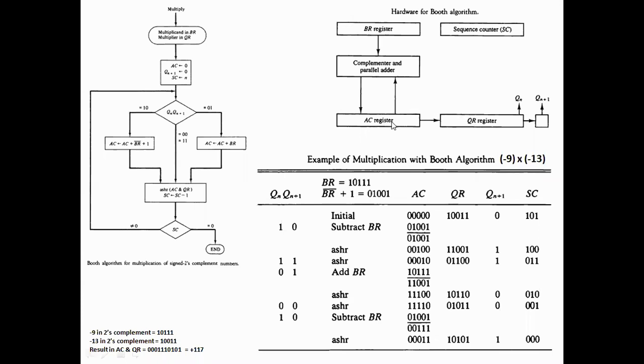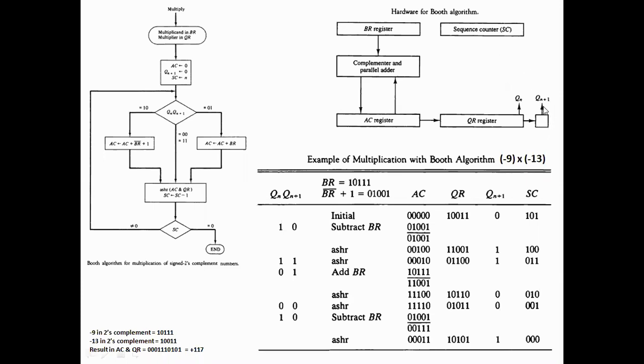And an additional register AC. And after multiplication, the result will be stored in both these registers. Since the result obviously will be a larger number, it will not fit in a single register. It will be stored across this thing. In addition to this, we need a sequence counter, a register which will store the number of iterations we are done.